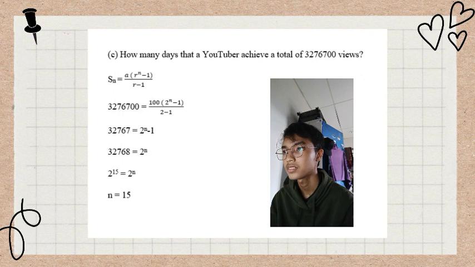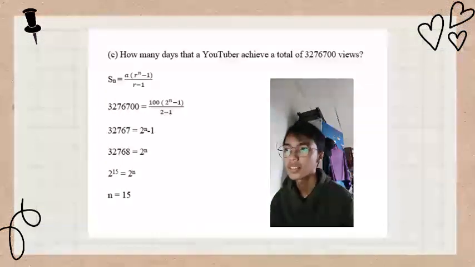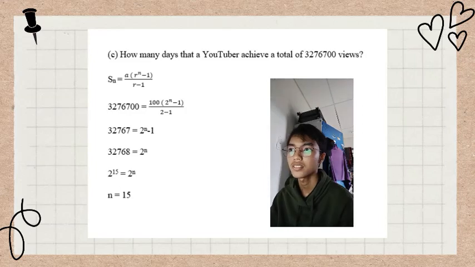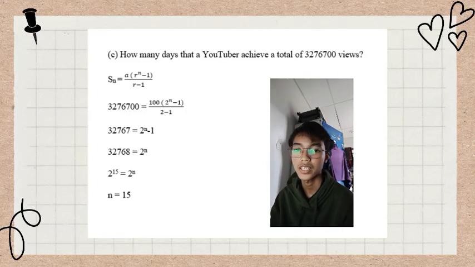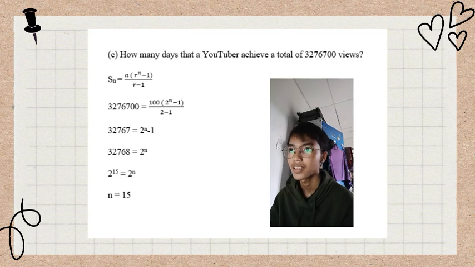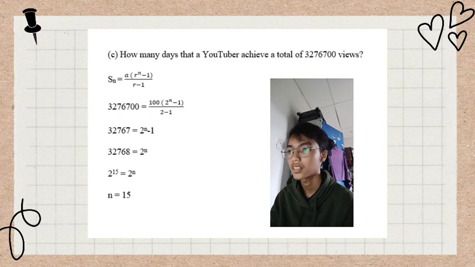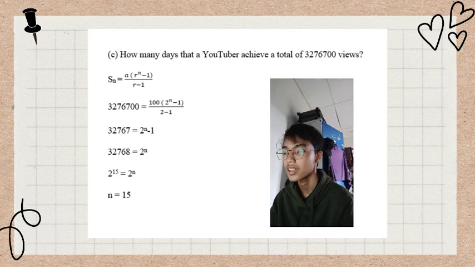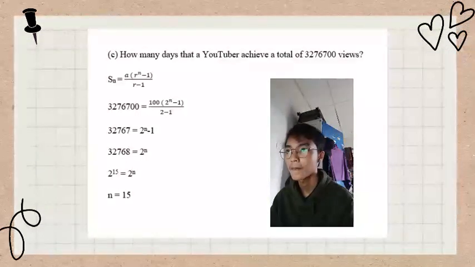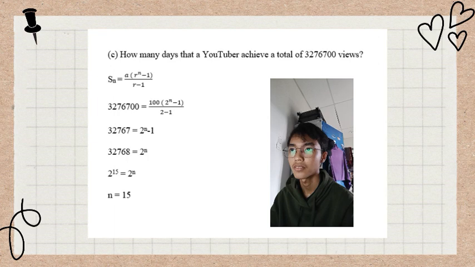So 3276700 equal to 100, open bracket, 2 to the power n minus 1, close bracket, over 2 minus 1. So right here we want to find n, the day that he got that many views. So after we calculate all that, at the end we got n equal to 15. So the YouTuber achieved a total of that many views at 15 days.